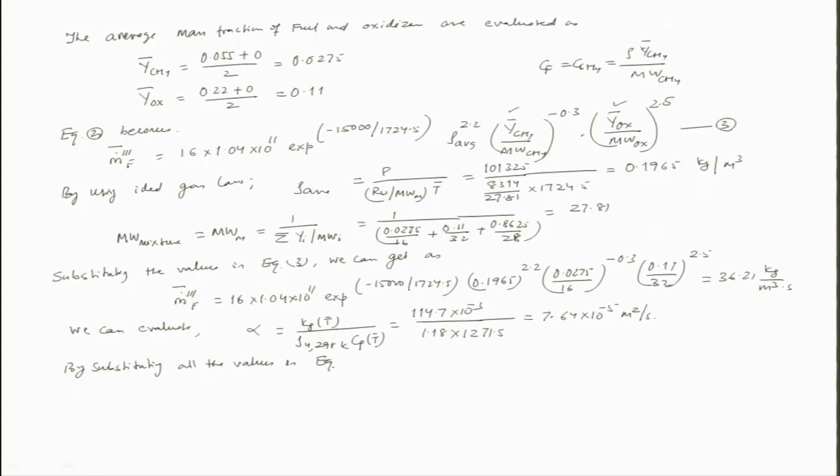In equation 2 we will get S L equal to the square root of 32 by 9 into 7.64 10 power minus 5, density 1.18, and nu will be calculated as 17.